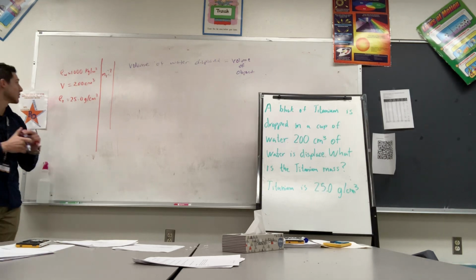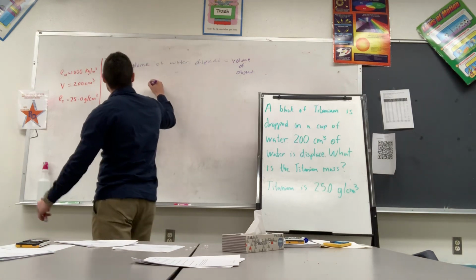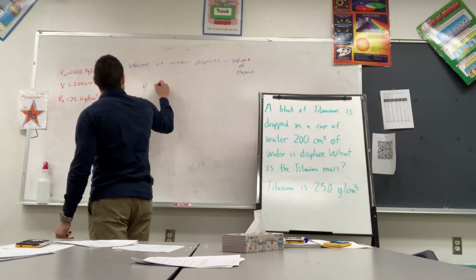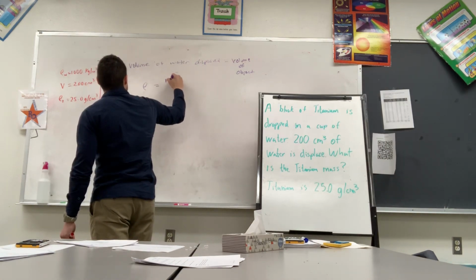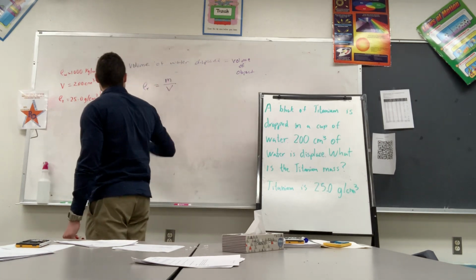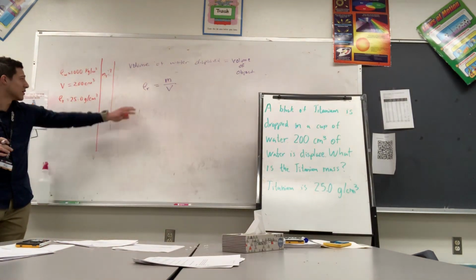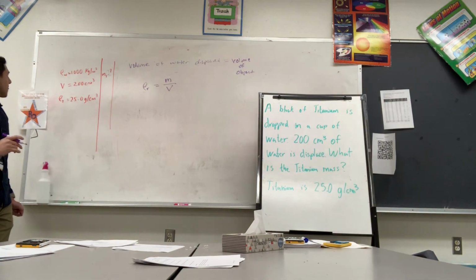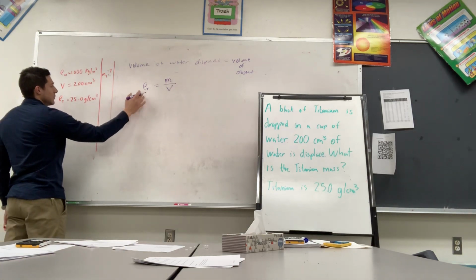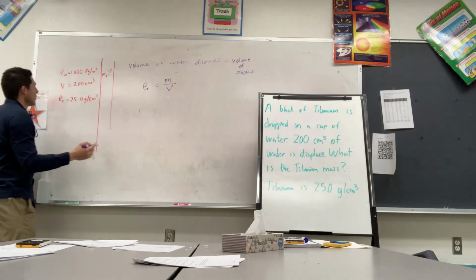All right. So knowing that, we can use the density equation to figure out the mass of titanium. We are given the density, and we are given the volume displaced.